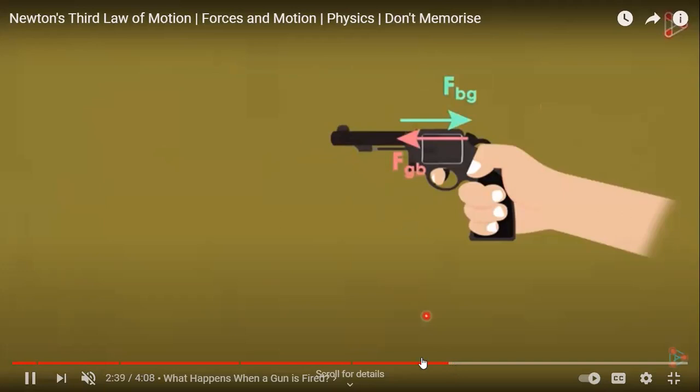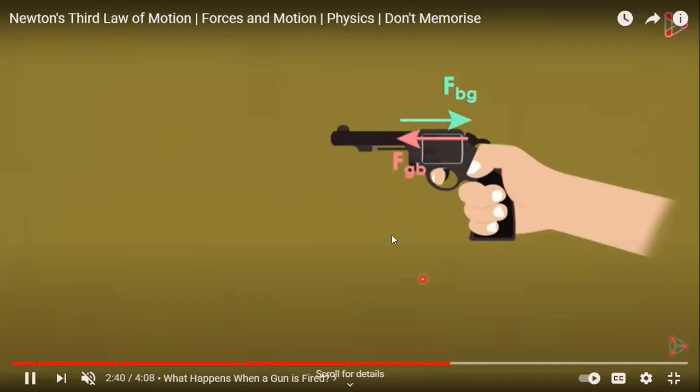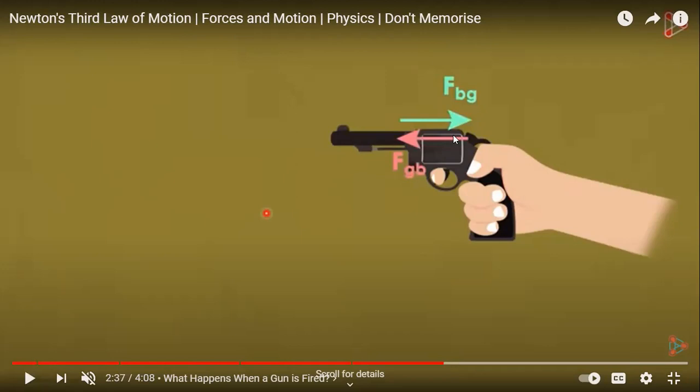There is a very little deflection here, children. So you have a look. See, if the bullet comes out. Did you see it? When the bullet came out, the gun recoiled in a backward direction. So it gives a jerk in a backward direction. So I hope this example is clear to all of you.